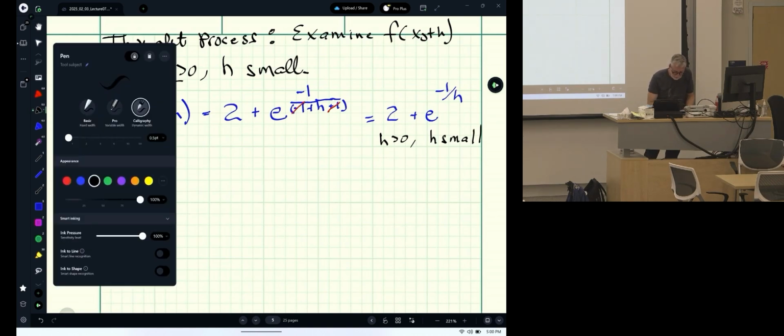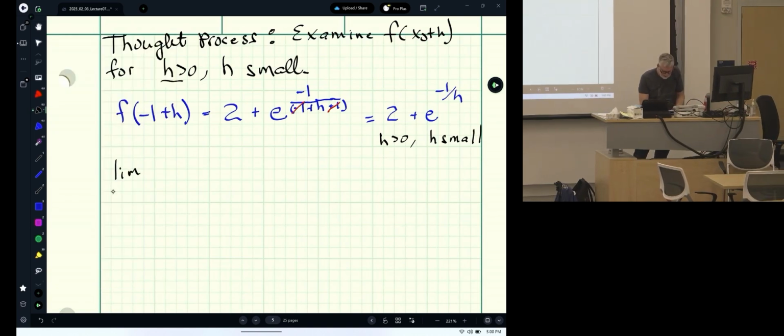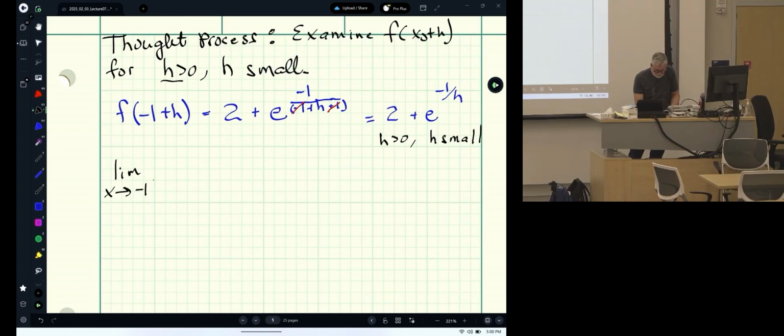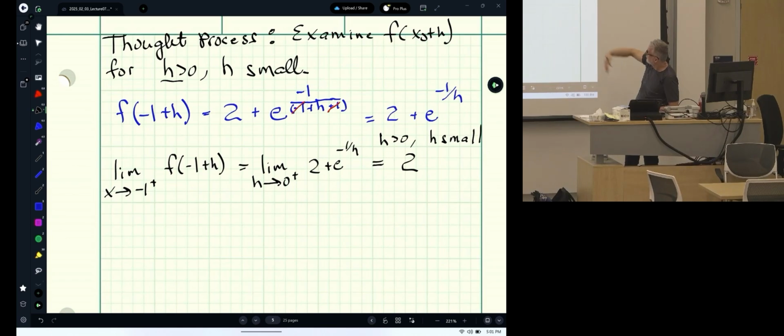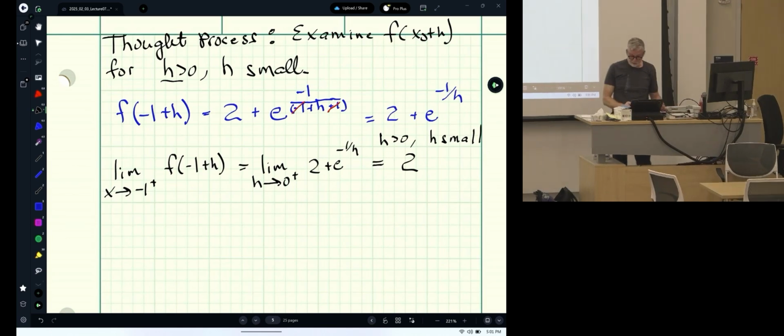Okay, so the limit as x approaches minus 1 from the right of f of minus 1 plus h equals the limit as h goes to 0 plus of 2 plus e to the minus 1 over h, and so we just get 2. Okay, because when h is positive, minus 1 over h is negative, and as h gets small, e to the minus 1 over h vanishes.